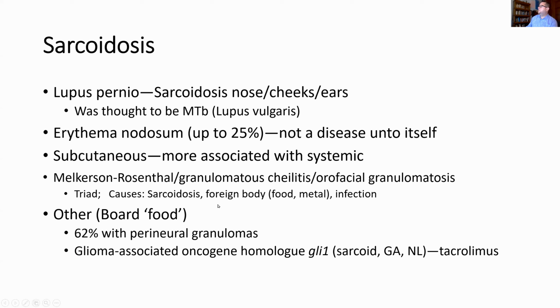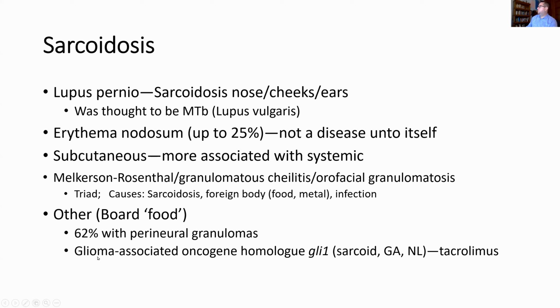This granulomatous process could be a reaction to a foreign body, like a food, maybe metal in the mouth, could be an infection too. So once again, this is more associated with sarcoidosis, but there could be other causes of this granulomatous process. Whedon points out that there's been a publication that says in sarcoidosis, 62% of the biopsies will show a perineural granuloma, which can make this more confusing.